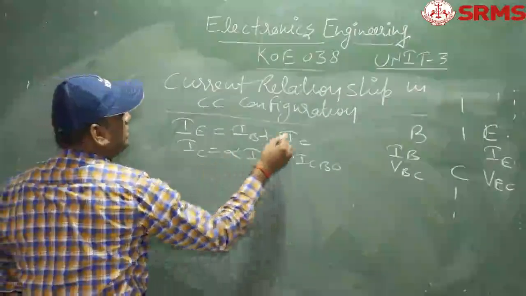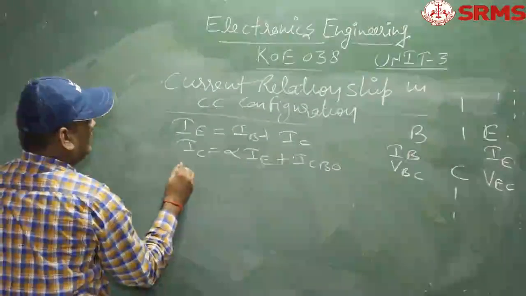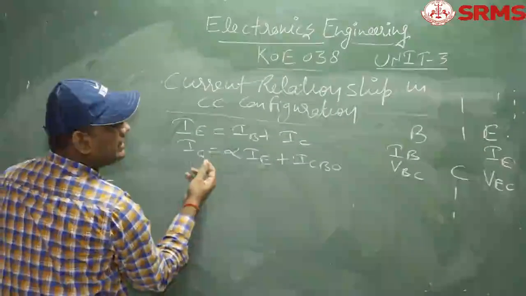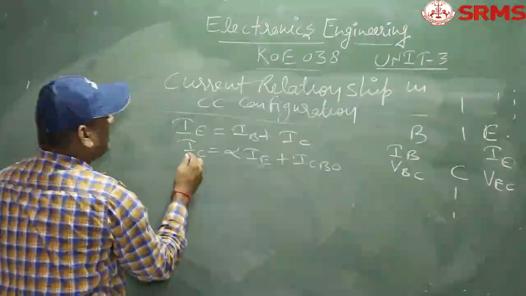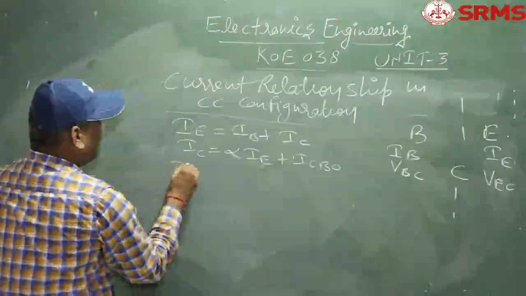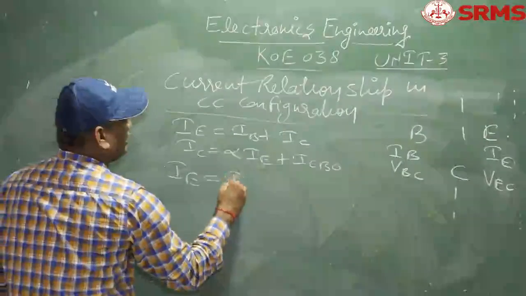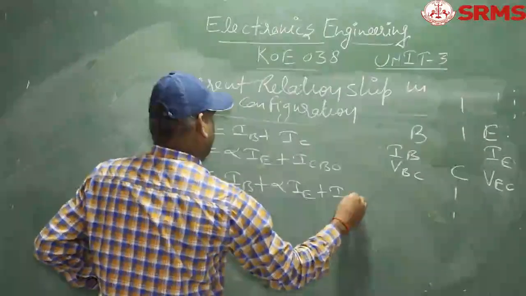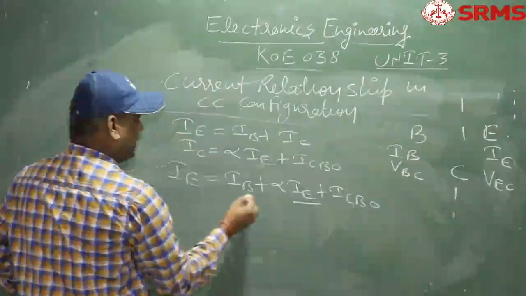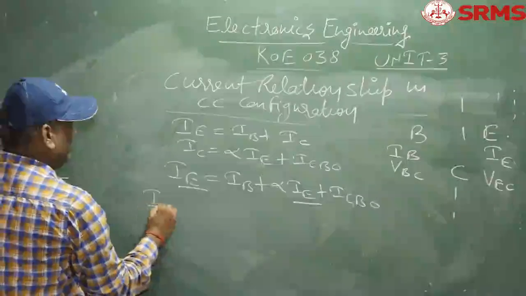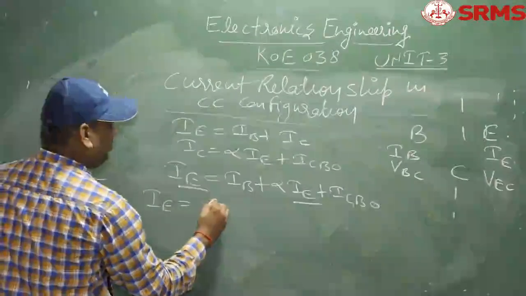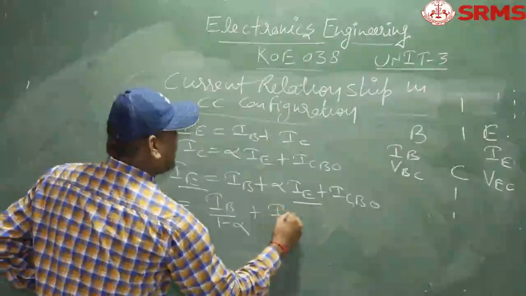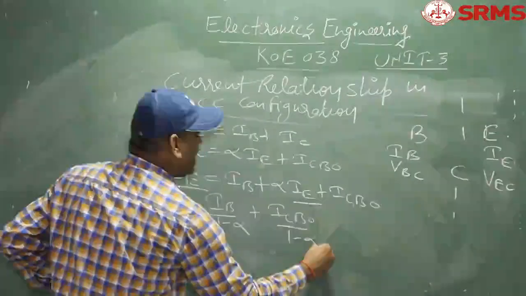Put the value of IC over here, and we get IE is equal to IB plus alpha times IE plus ICBO. If you take IE common, this expression can be written as IE equals IB divided by 1 minus alpha plus ICBO divided by 1 minus alpha.